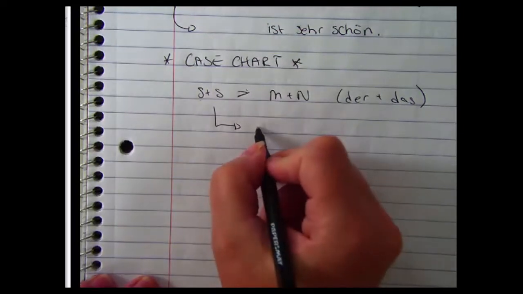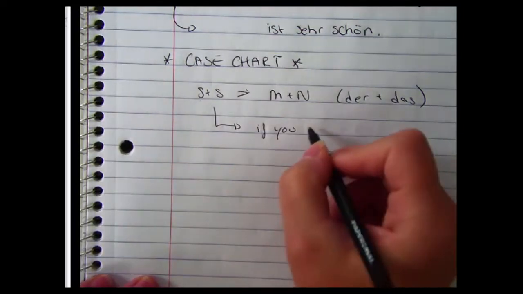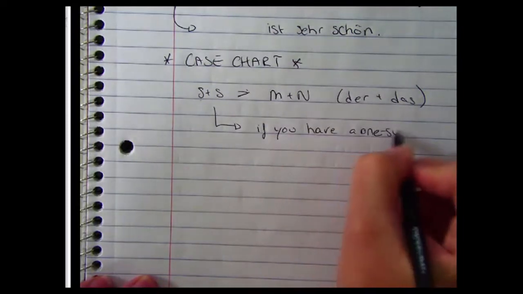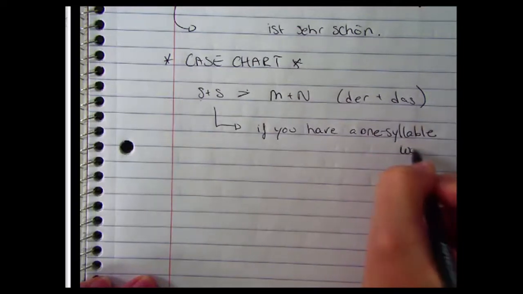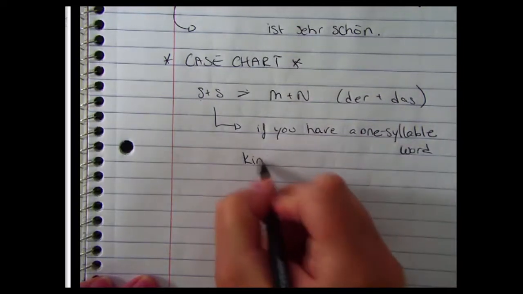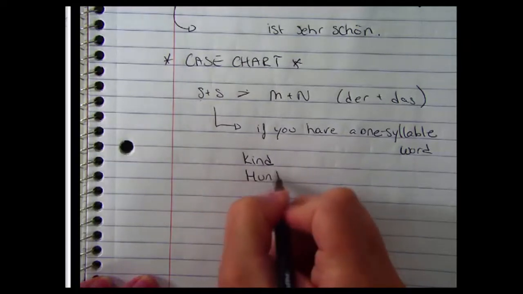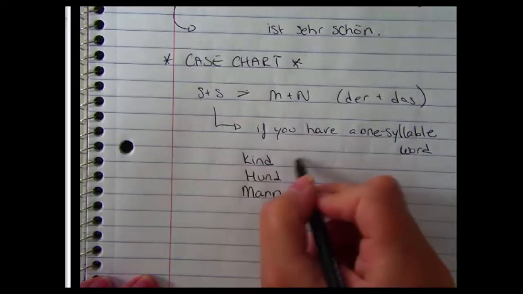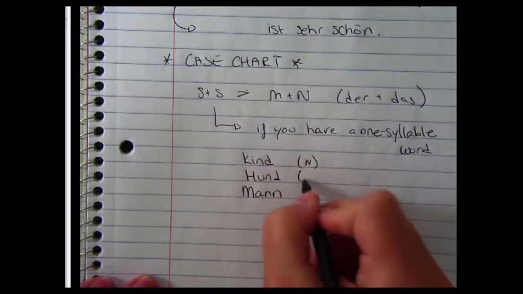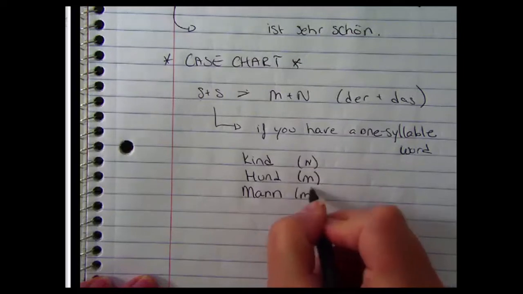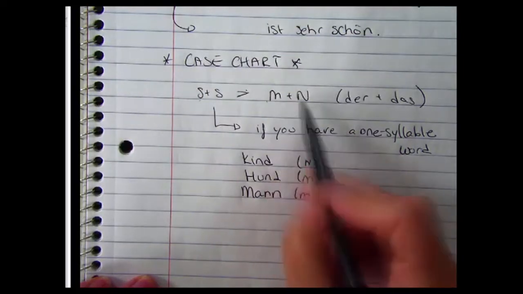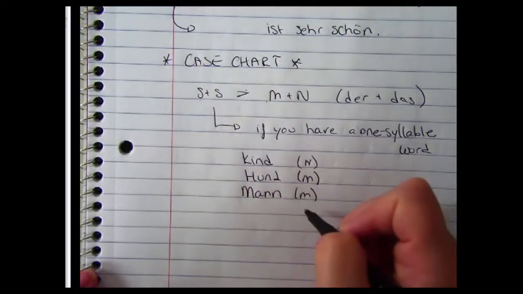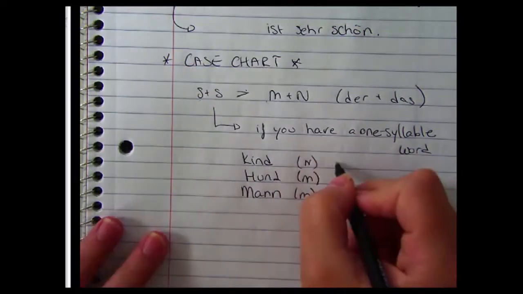If you have a 1-syllable word, like Kind or Hund or Mann, so we've got something that is das, neuter, masculine, der Hund, masculine, der Mann. So only in these genders you have the S plus S, so only in these genders does it matter. If it is 1 syllable, so a short word, you're going to add an extra E.